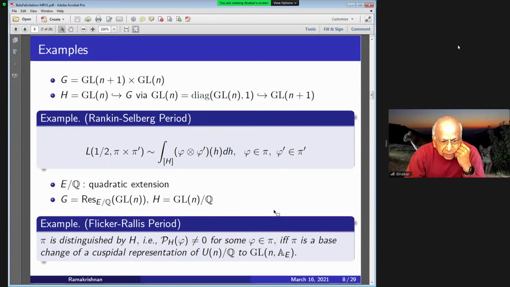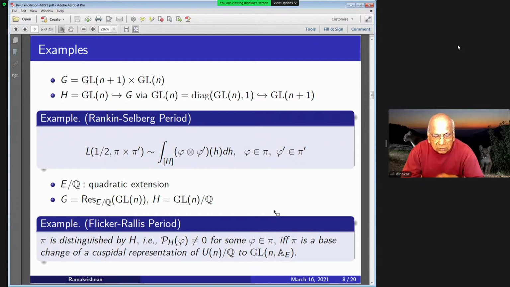Okay, and then I want to give another example. If you take any quadratic extension, let's say imaginary quadratic, and then you take G to be GL_n over E, you can think of this as a group over Q. It's called restriction of scalars. And then GL_n over Q itself is a subgroup of that.